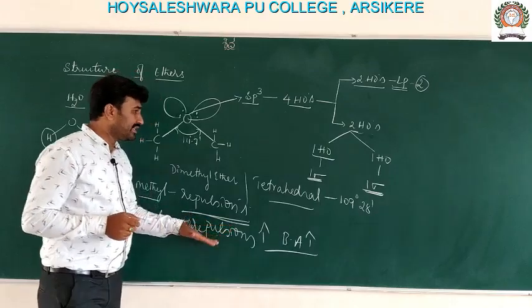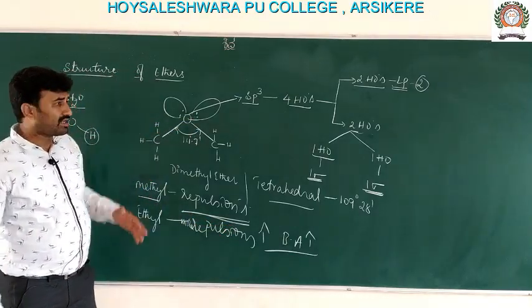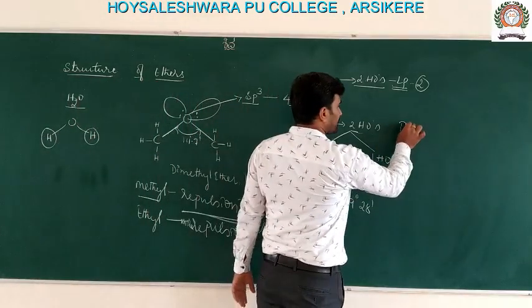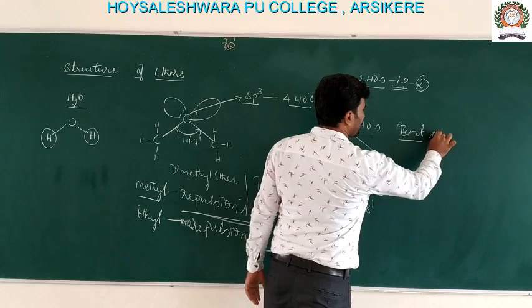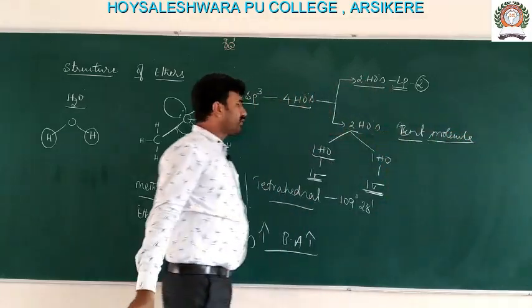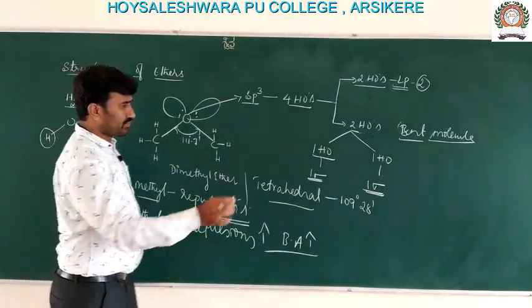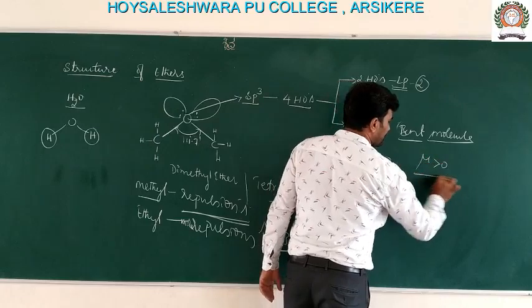Okay, remember this point. And see, dimethyl ether or ethers have a bent molecule, that is, a V-shaped molecule. Therefore, they are polar in nature, that is, they have a definite dipole moment, mu is greater than 0.